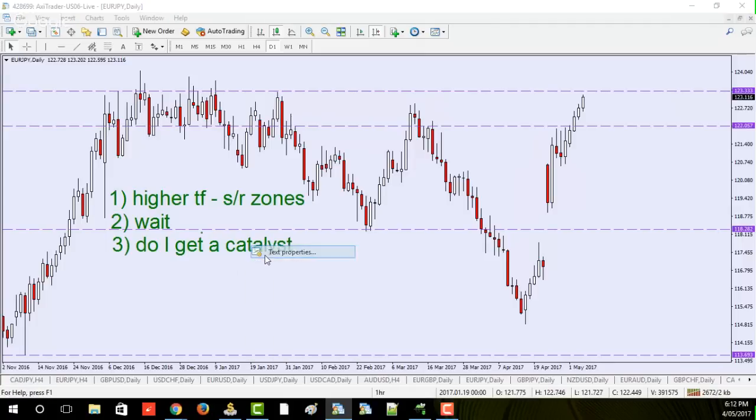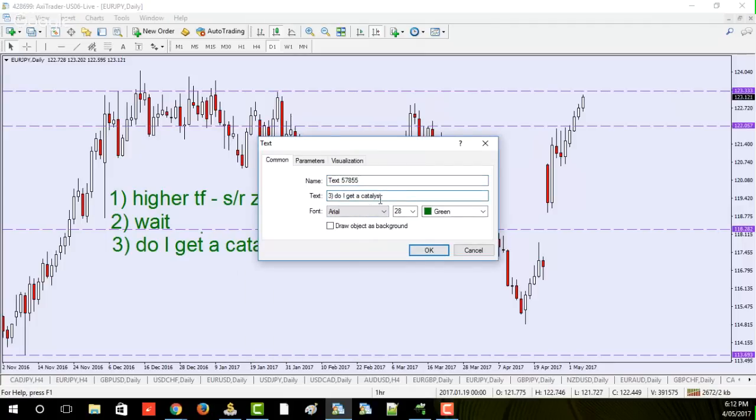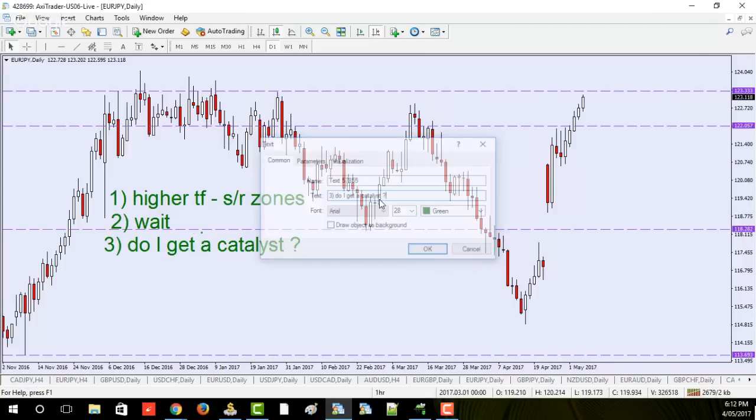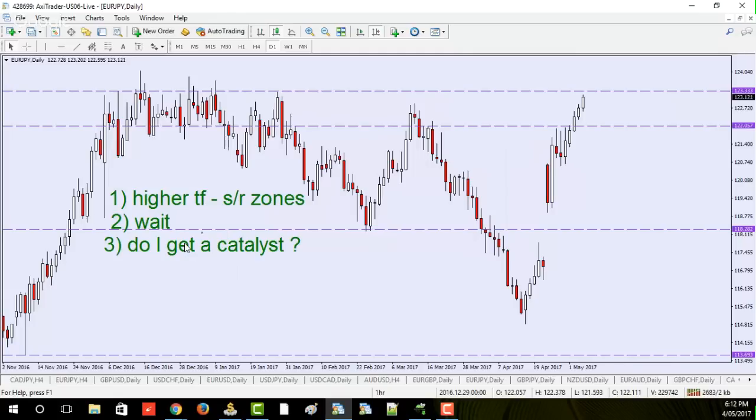People sometimes think that support and resistance trading means waiting for the market to approach a support and resistance zone and then just going, oh, it's here now, time to take a trade. No, it's really more about what the market does when it gets there more than anything else. It's not where the market is on the chart. It's where the market is on the chart, and then what does it do.